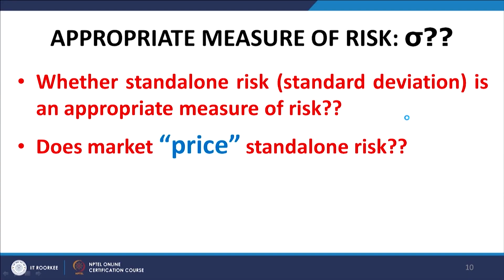Number 1, whether standalone risk, which is measured by standard deviation, is an appropriate measure of risk from the market perspective, and number 2, does the market price standalone risk? In other words, if somebody is taking a higher standalone risk, a higher standard deviation, will he get a higher expected return?